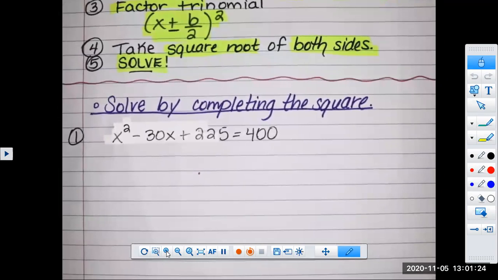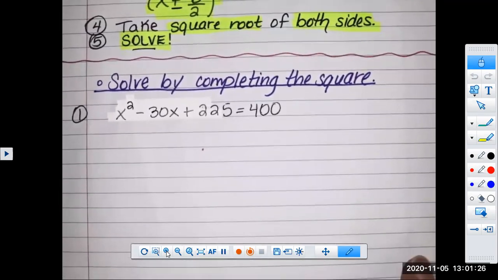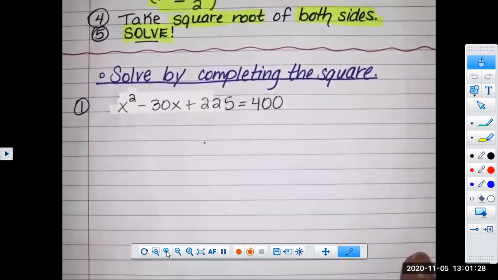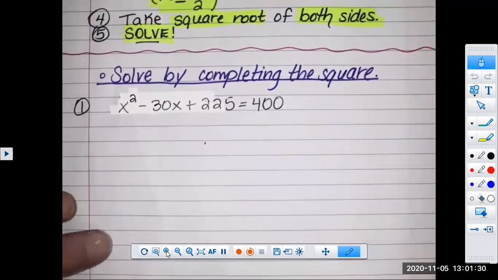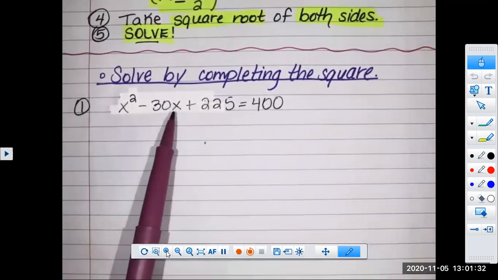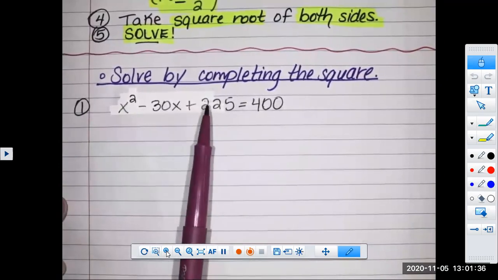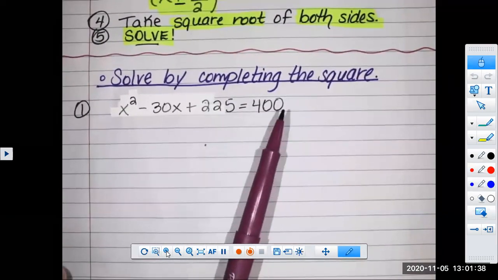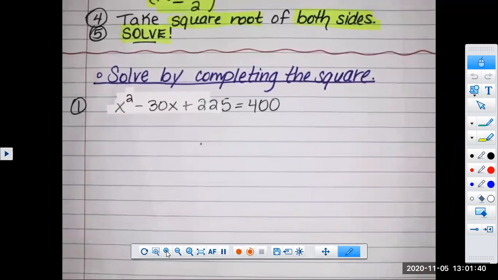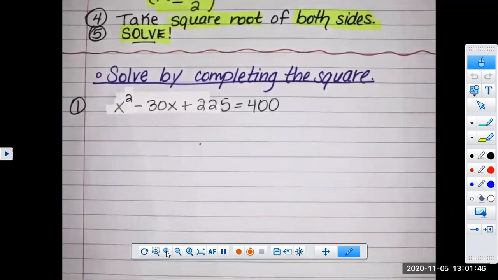Okay. All right. Let's try one out. Number 1, you have x squared minus 30x. So here's my middle term, x term. Then you have plus 225 equals 400. Your first step said to make sure that all of your variables are on one side together and all of your constants or numbers on the other side. So what do we need to do with 225?